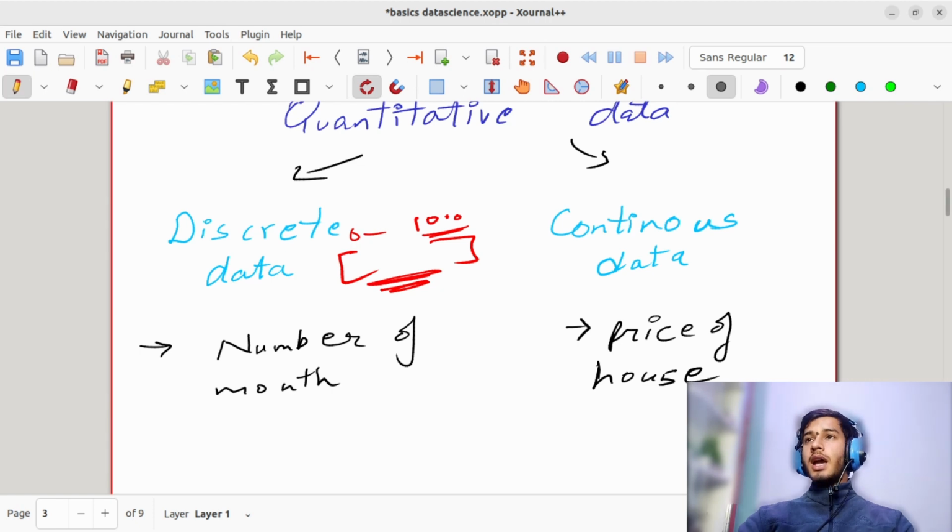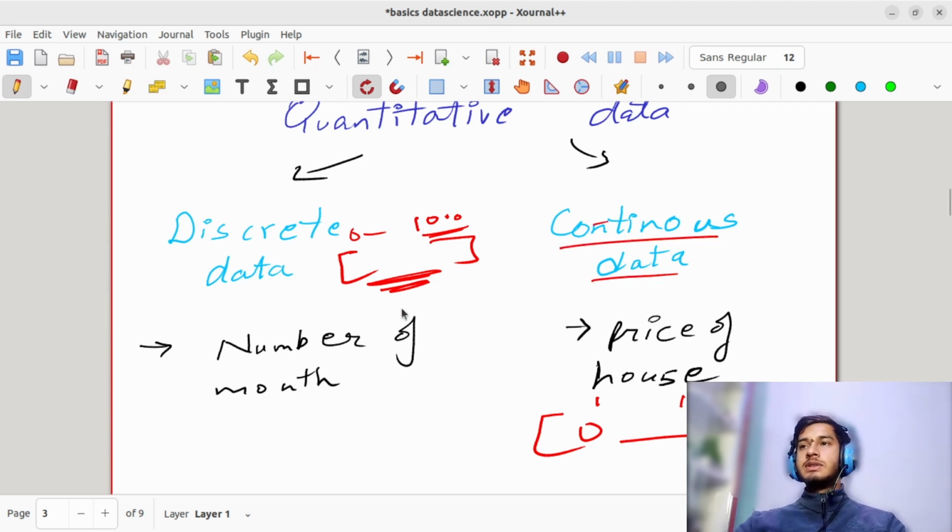And for continuous data, you don't have any limit. You can start from 0 to, not infinity exactly, but like 1 lakh, 1 lakh 1, 1 lakh 2, 1 lakh 3, and so on. That is continuous data, basically. You got that, or do I have to explain in more depth? No, I get it. Okay.